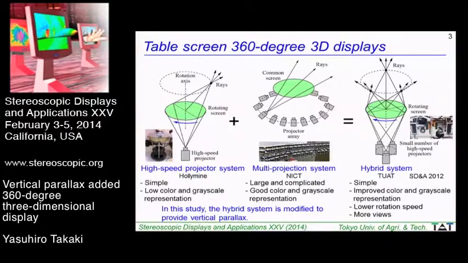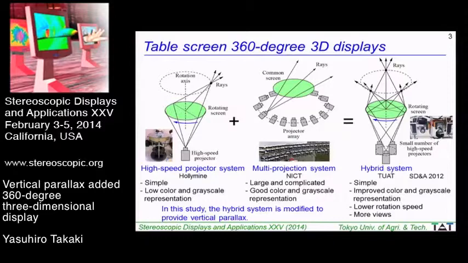This slide shows the previously proposed table screen 360-degree 3D displays. They have been constructed using a high-speed projector system, a merge projection system, and a hybrid system. The high-speed projector system consists of a high-speed projector and a rotating screen. The system configuration is simple.